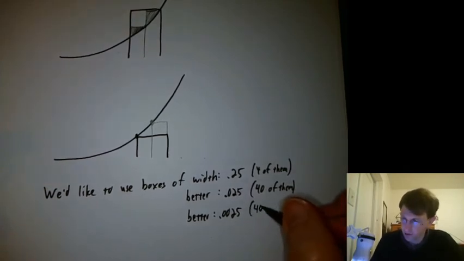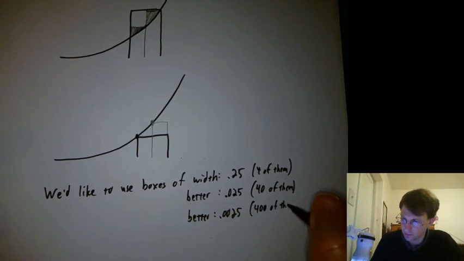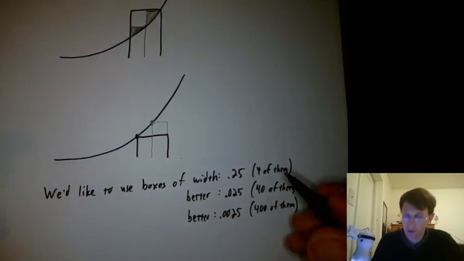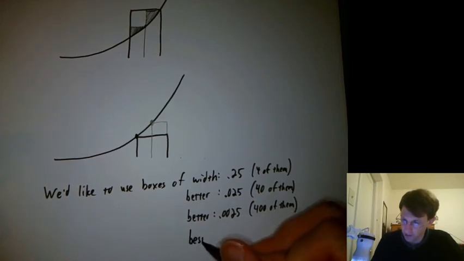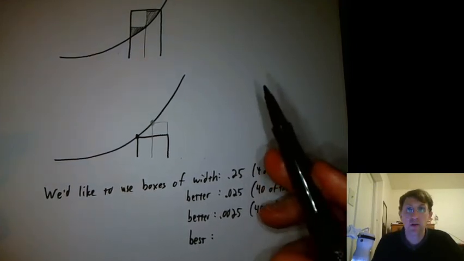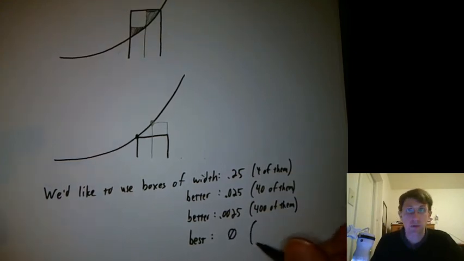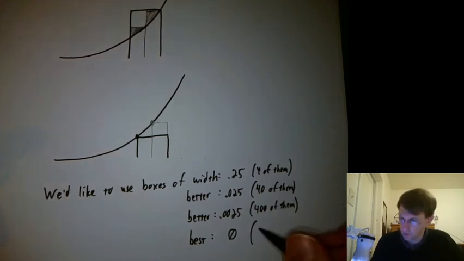That would be 400 of them. Obviously we could put more and more zeros in there. What would the best possible answer be that would have no overshoot or undershoot, hopefully? Boxes of width 0, which would be a good trick. And how many of them would there be?